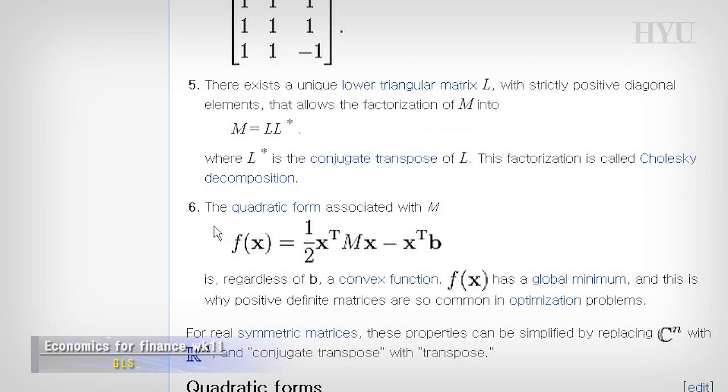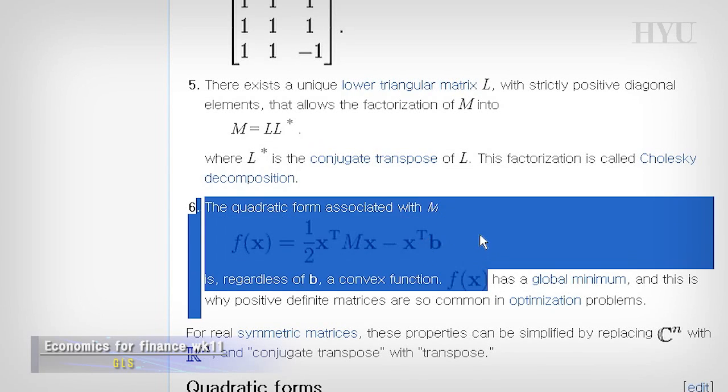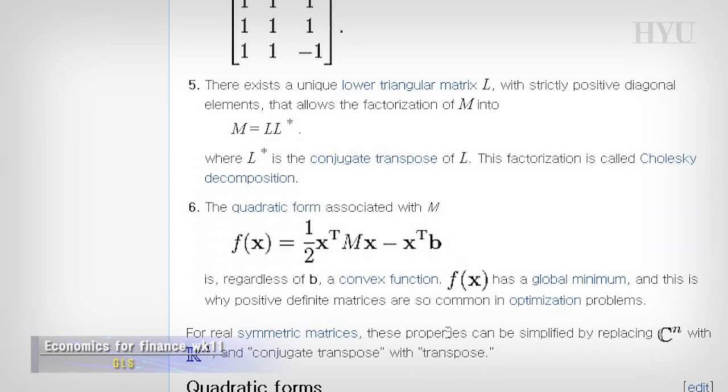And the quadratic form associated with M is a convex function with a global minimum. This characterization is very common in optimization, especially in finance mean-variance optimization.